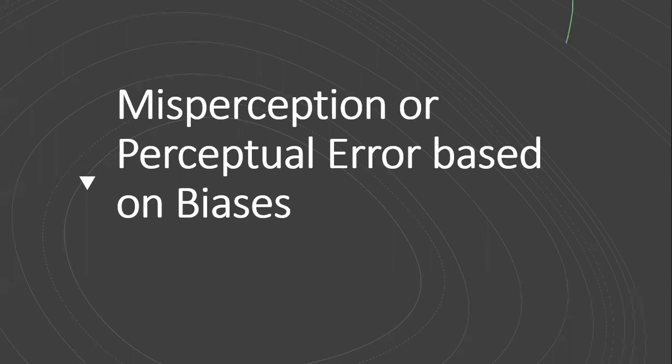Remember, we said that one of the factors that shape perception is the condition within you. So that condition within you can ultimately lead to misperception. We're going to look at some of those conditions and those common misperceptions next.